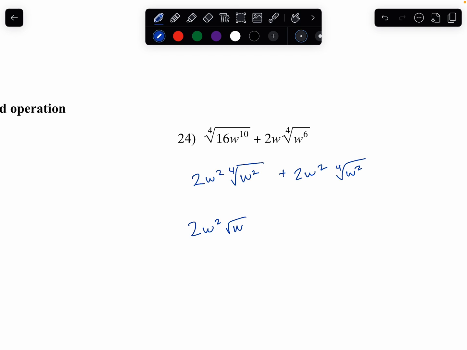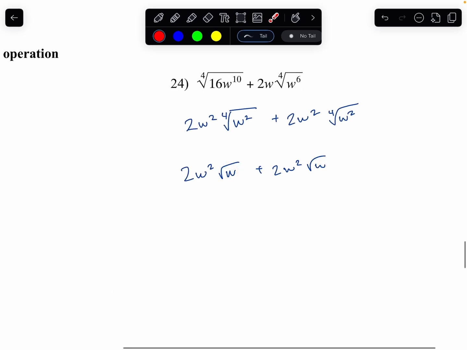So then I'd get the same thing, so plus 2w squared square root of w. Now I have the square root of w times 2w squared, and 2w squared square root of w, so that's going to become equal to 4w squared square root of w.